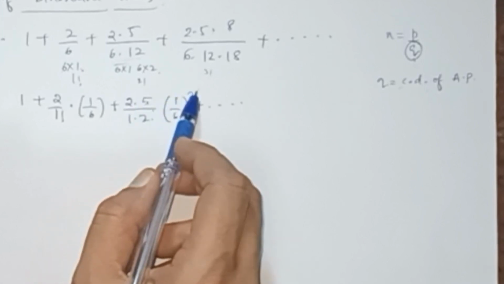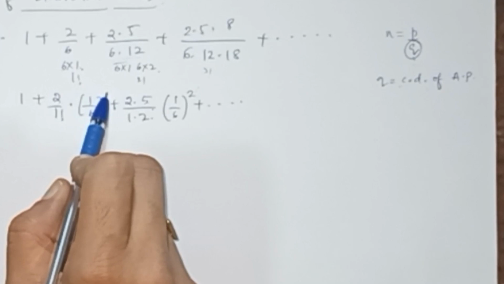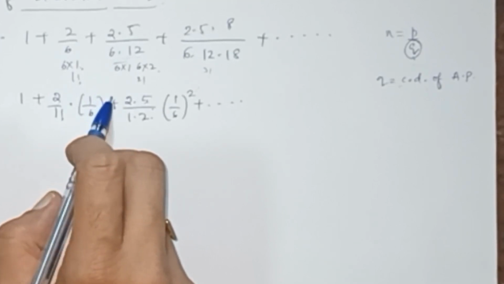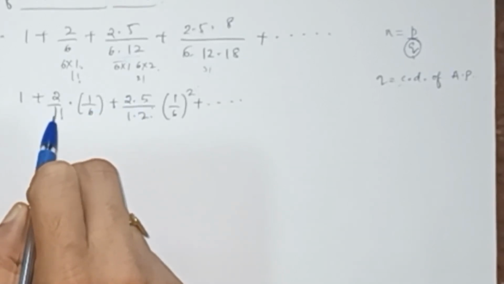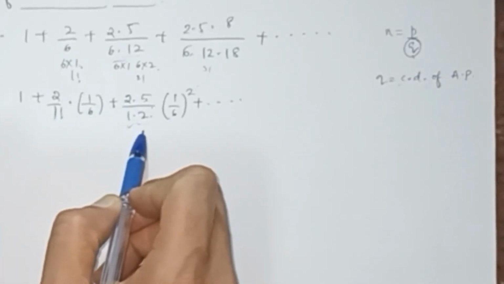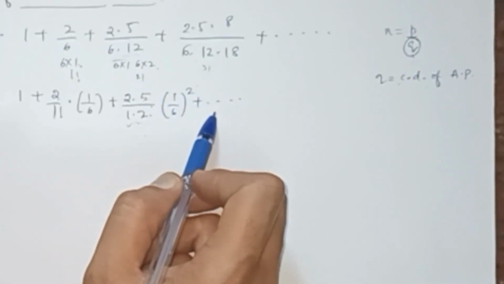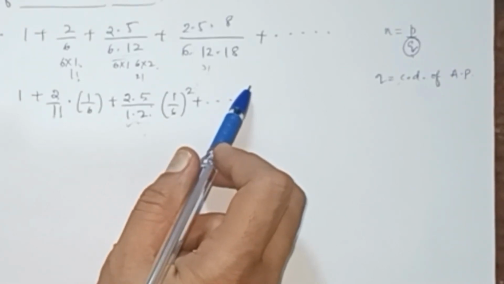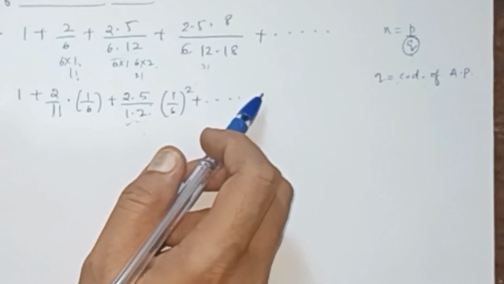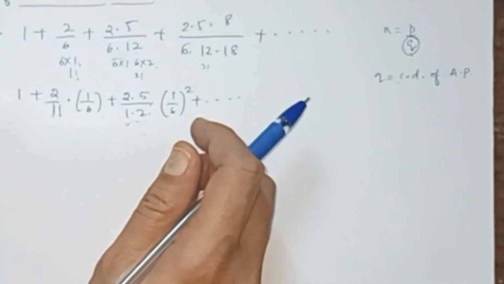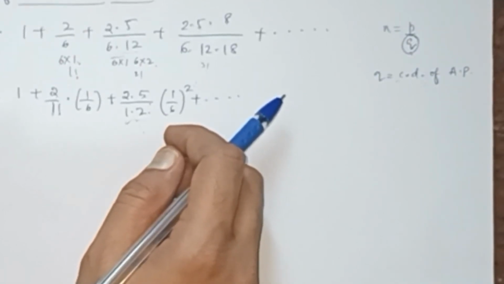In the numerator there were 2 factors, so it is 2. Here there was 1 factor, so the power of x by q is 1, which is the same as the factorial number in the denominator. The factorial number in the denominator is 1 here. Here the factorial number is 2, so the power of x by q is 2. And then the factorial number is 3, the power of x by q will be 3. And that continues. So these are the features of a binomial series. That will help you to identify a given random series as a binomial series.